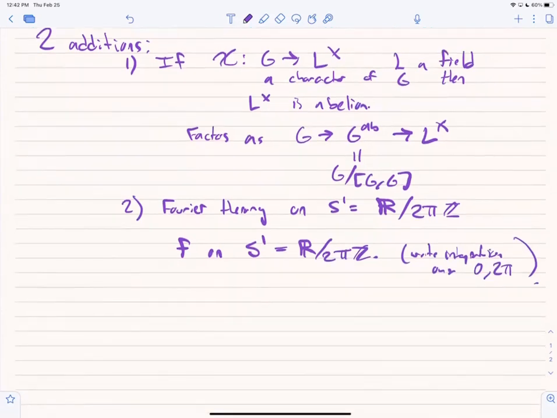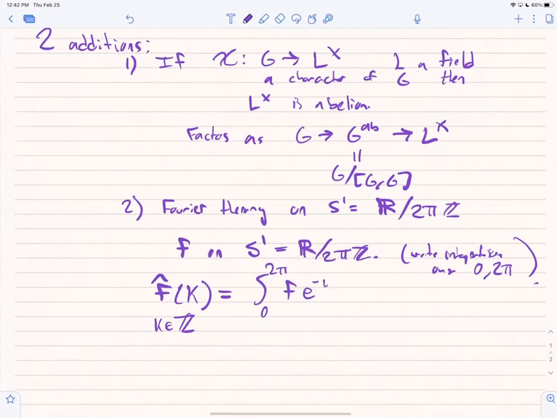Then we define f hat of k to be the integral, where k is in Z, from 0 to 2 pi of f of t times e to the minus ikt dt, over 2 pi.